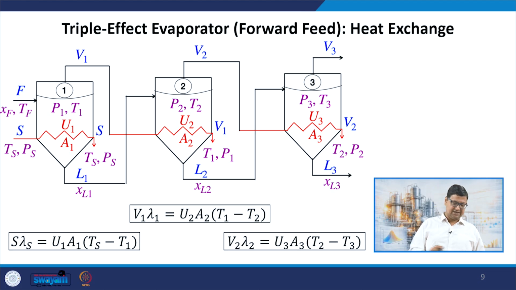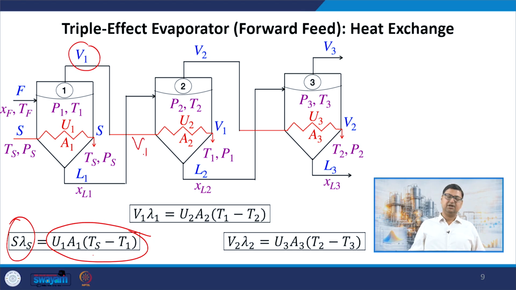In the first case, the fresh steam is the feed, so the heat supplied is S into lambda S, and this is equal to U A delta T. In this case, U1 A1 into delta T, where delta T is Ts minus T1. For the second effect, V1 becomes my heating medium. So V1 lambda 1 is the amount of energy I get from there, and this is U2 A2 delta T, and delta T in this case is the temperature difference.